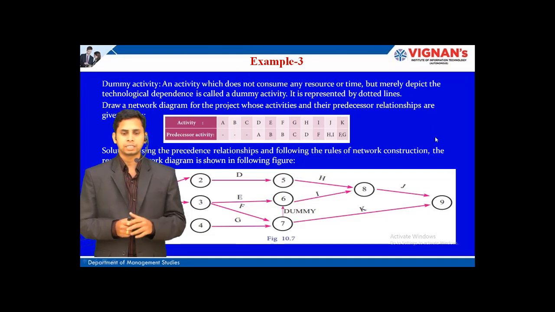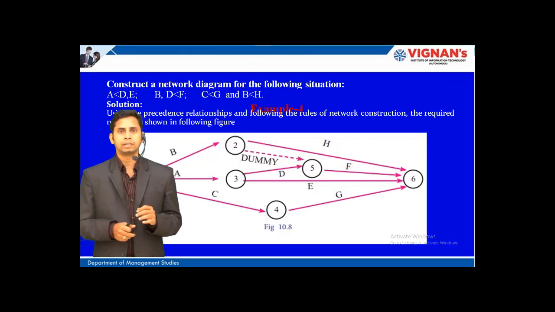Finally we have constructed this network diagram. In this way, whenever there is a need for some kind of dummy, you can use it, but a dummy carries no time value and no resource value, and it is indicated with a dotted arrow.